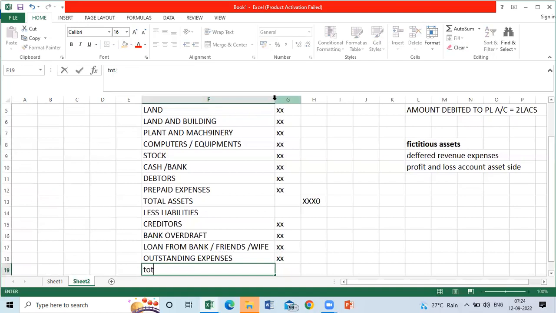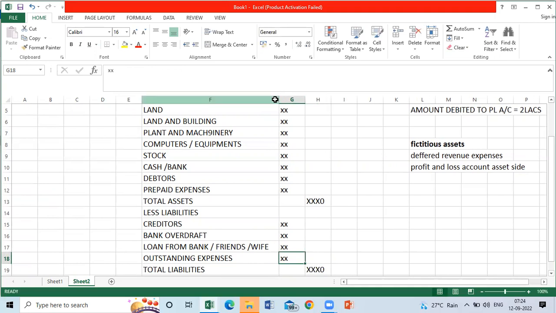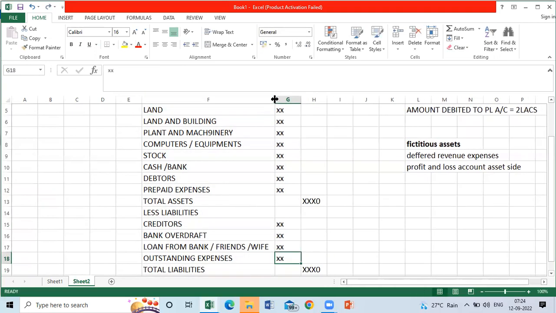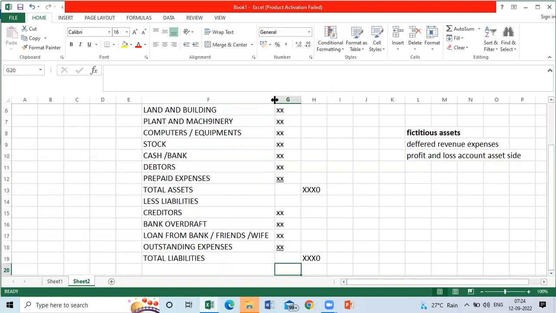Here I will do the total of the liabilities. Sorry, here I will do the total of the liabilities, here I will do the total of the assets. And after subtracting these two, what I get as the final answer is nothing but the capital employed.